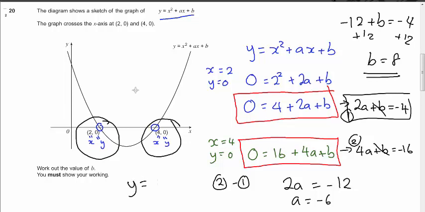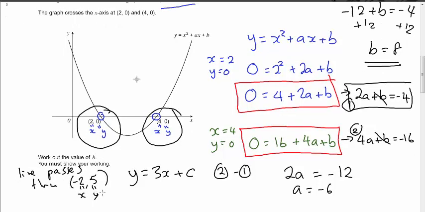Say we've got y equals 3x plus c, and we're trying to find c. And remember, these questions always tell you the line passes through, I don't know, (-2, 5) or something. This is your x value, this is your y, and you just sub them in, and the c will pop out.